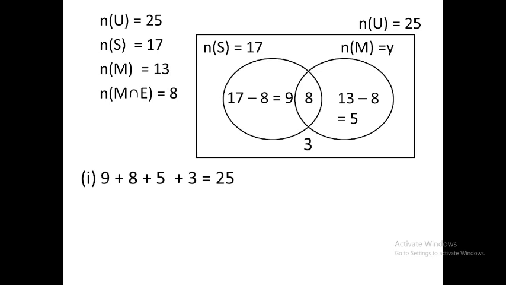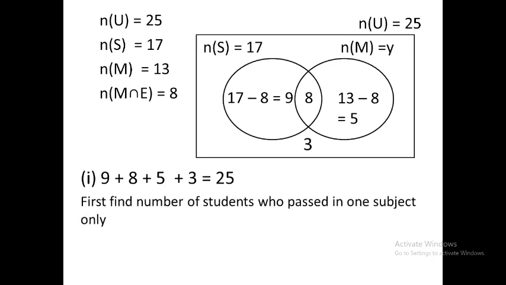So everything is confirmed. Let's go to the probability. First, find the number of students who pass in one subject only, and we've already done that. So we'll pick the 9 and the 5. Good. And so adding 9 to 5, what would that be? 14.